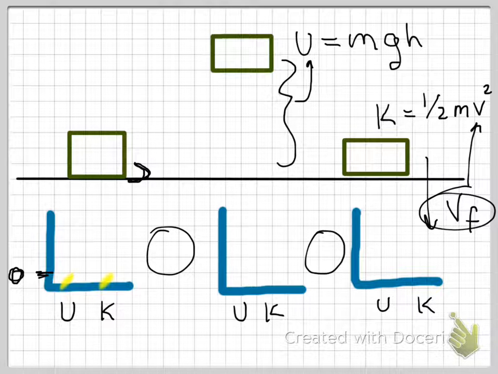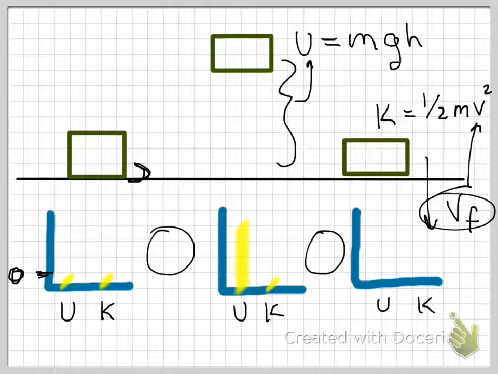In the second case, I can clearly see that there's a height, and so there will be an amount of potential energy. But again, this is resting off of the ground, starting from rest, so there's going to be zero kinetic energy. Where the O comes in is an indicator of whether or not work was done on the system.